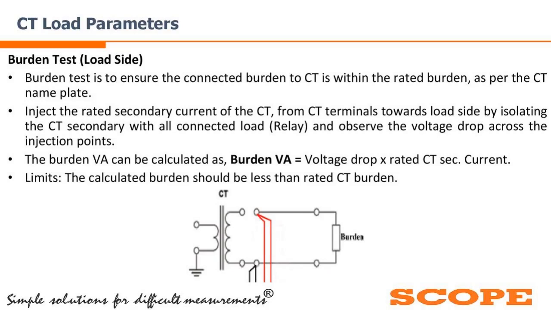Inject the rated secondary current of the CT from the CT terminals toward the load side, isolating the CT secondary from all connected loads, that is relays, and observe the voltage drop across the injection points. The formula to calculate the burden is burden equals voltage drop times rated CT secondary current, that will be 1 ampere or 5 ampere. And the limit is that the calculated burden should be less than the rated secondary burden.